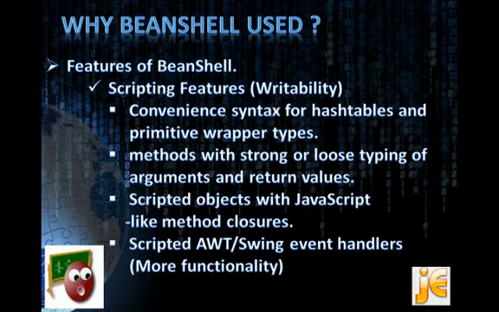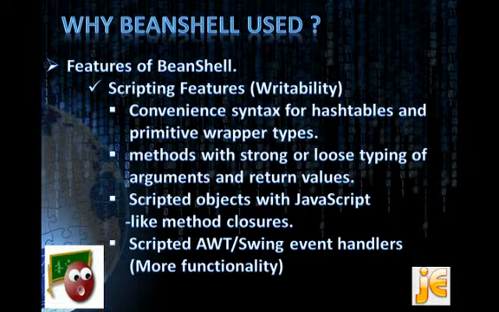In the scripting features, mainly it's considering writability. Writability is the most needed thing to create software. So let's see what are the key features that are used in BeanShell. It has convenient syntax for hash tables and primitive wrapper types.